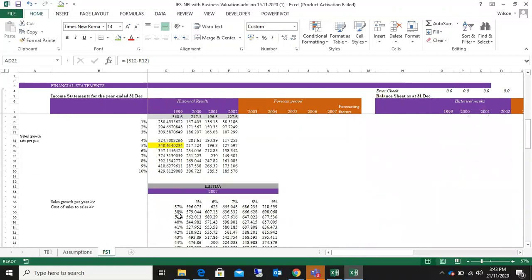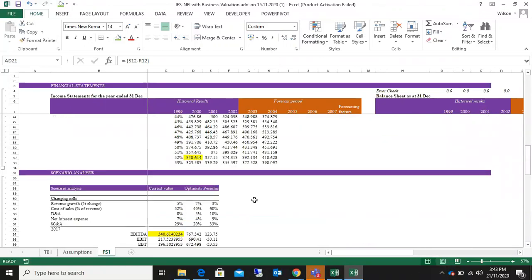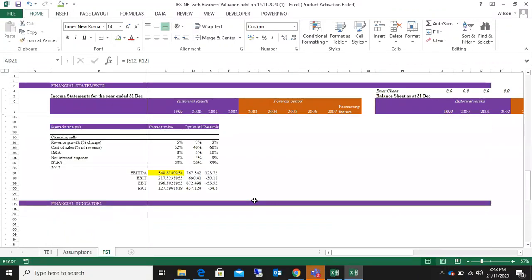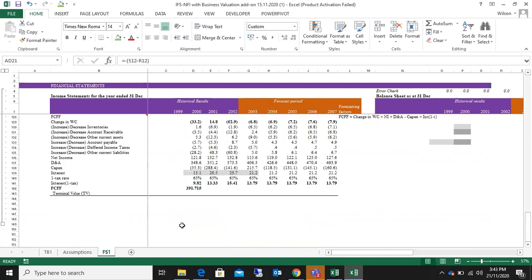Okay, so what does that mean for our valuation here? At this point where we have the free cash flow, we have to take note of this particular instance.